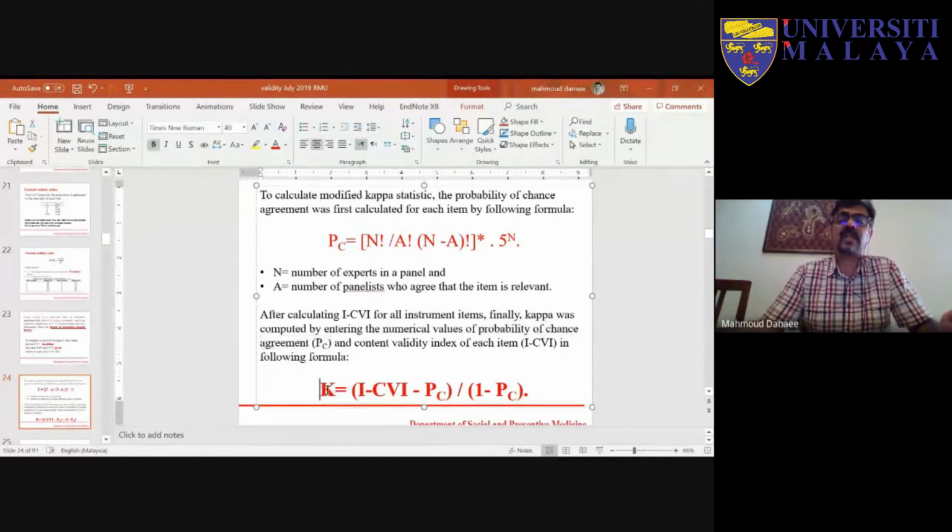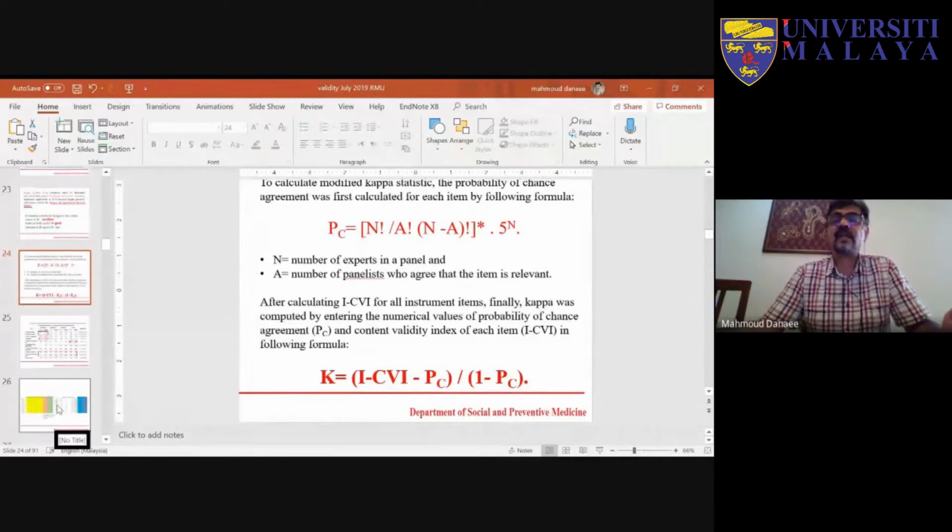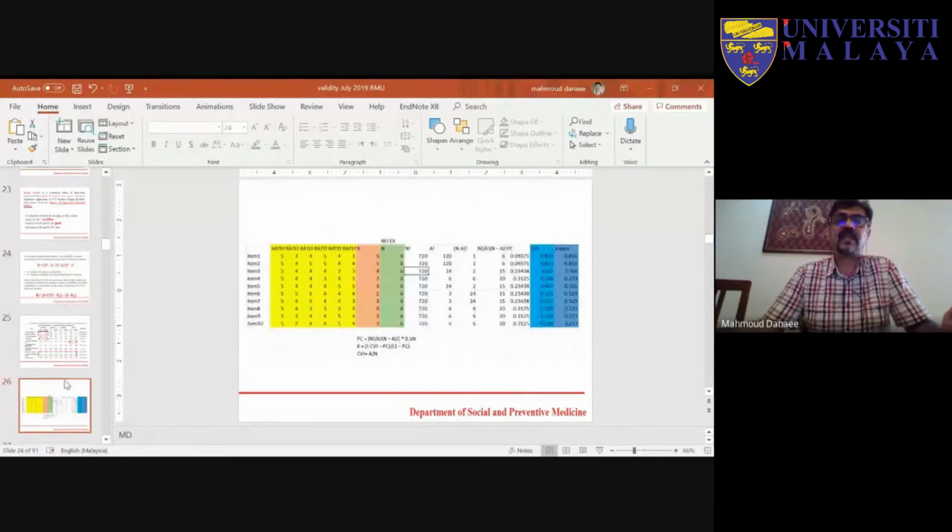Then the Kappa actually is a corrected version of the CVI, after excluding the probability of chance agreement. But you don't need to calculate it manually, because I already prepared this template for you, and I will show you how you can use it.